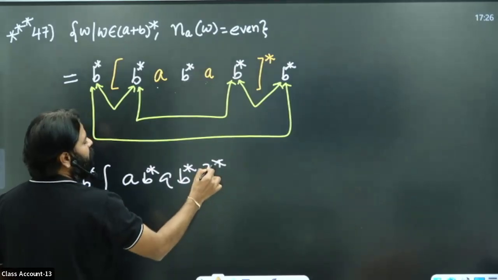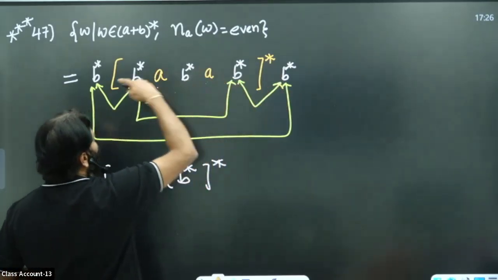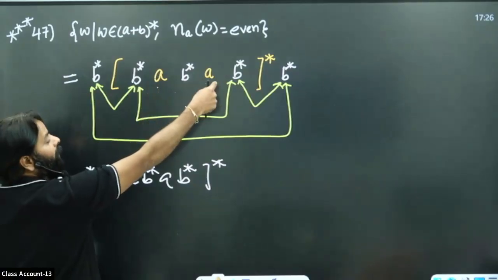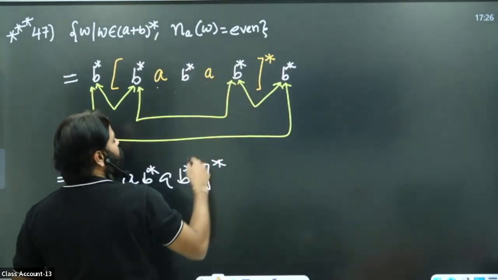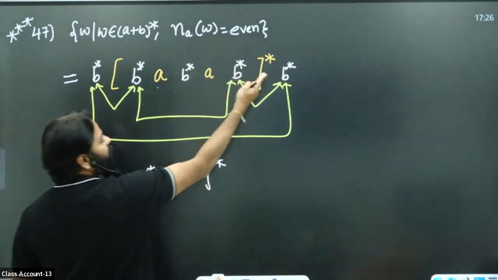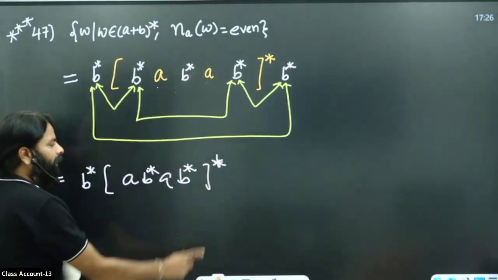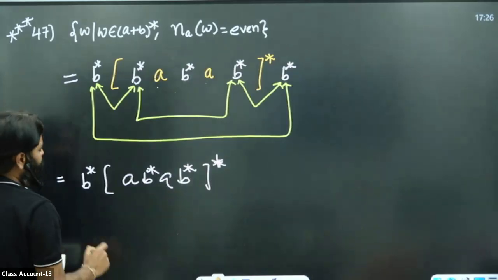Now this B star is connected with these 2, either this one or this one. This B star is already there, so you don't require it. Either you keep or delete, the answer is the same.